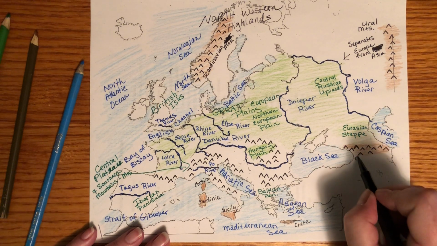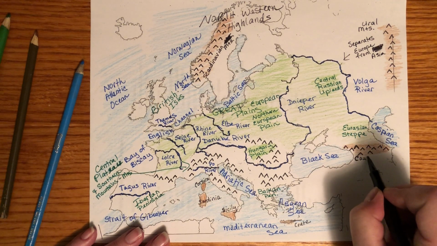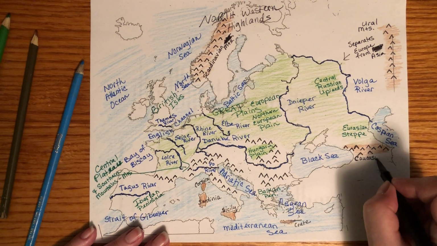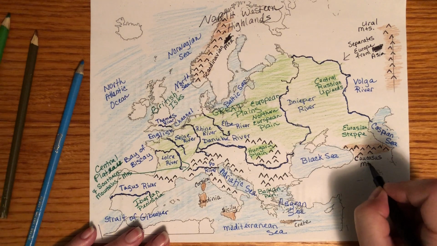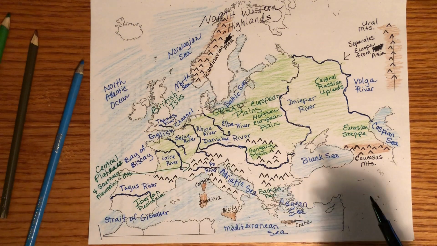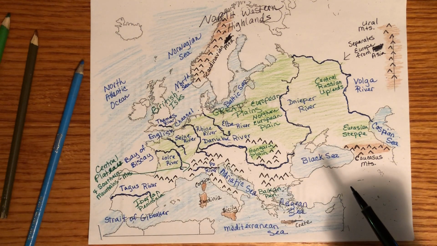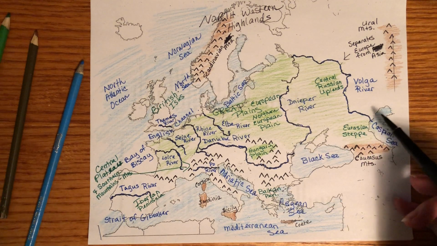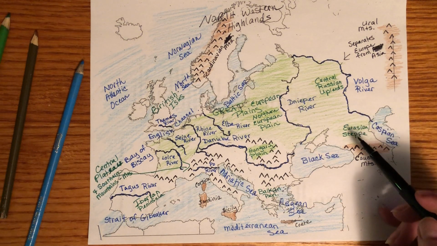These are our Caucasus, C-A-U-C-A-S-U-S mountains. Like I said, it is one of two ranges that separate Europe from Asia, along with the Volga River and the Ural Mountains as well.